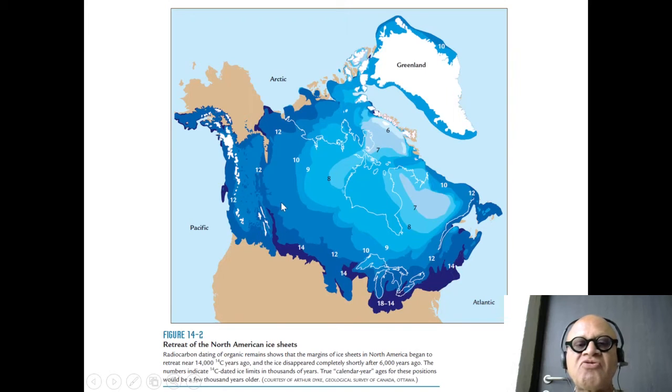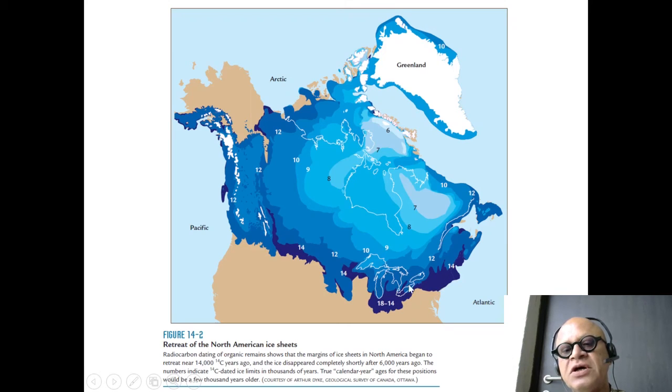So the retreat of the North American ice sheets is shown here. The ice disappeared almost completely here around 6,000 years ago. So 14 to 18,000 years ago we were down here, and Long Island is subsumed here around 14,000 years ago.